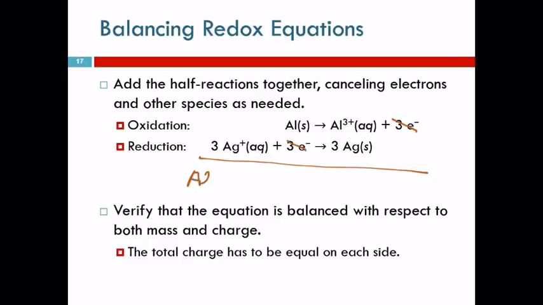So I get aluminum plus 3 silver ions makes aluminum 3+ ion plus 3 silver atoms.